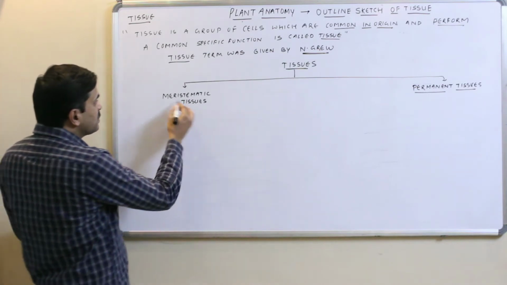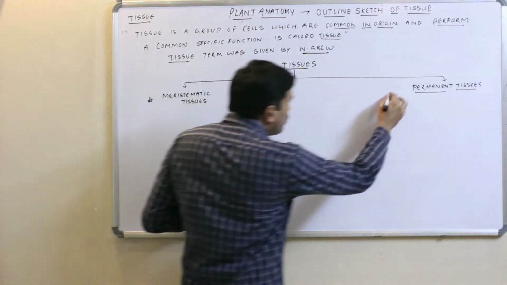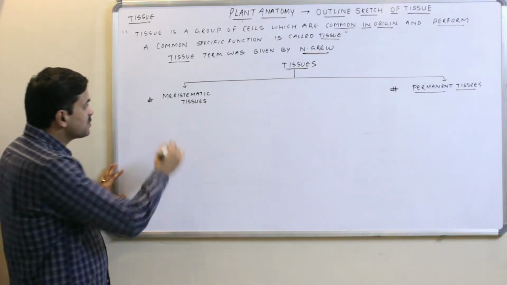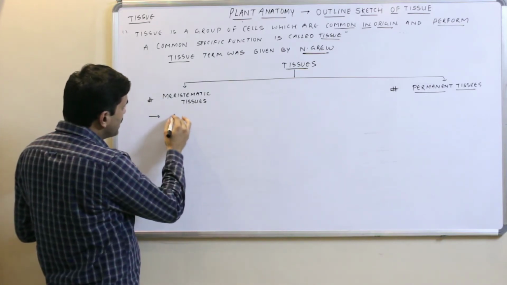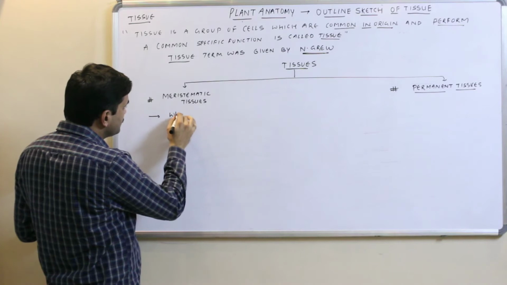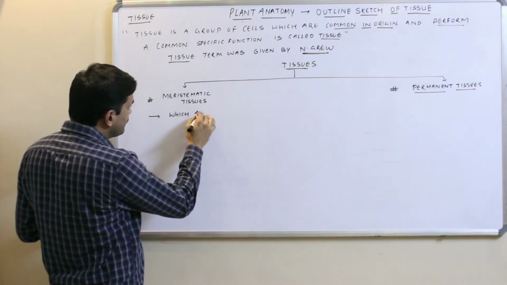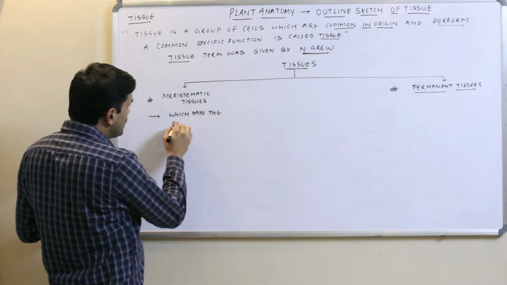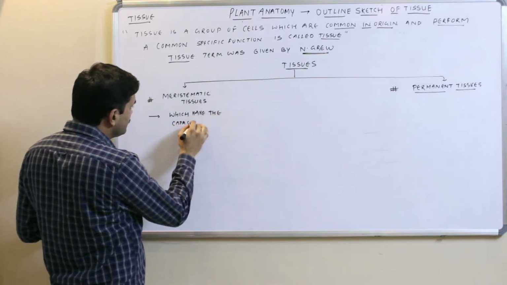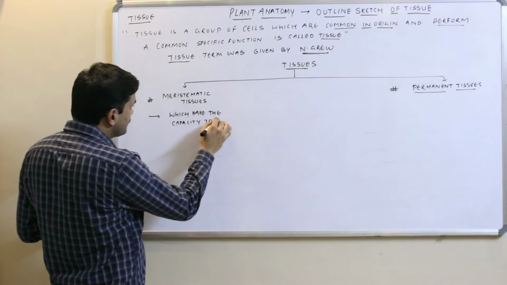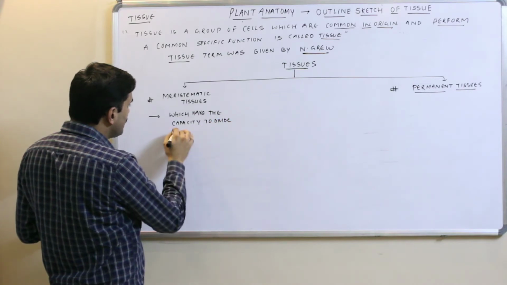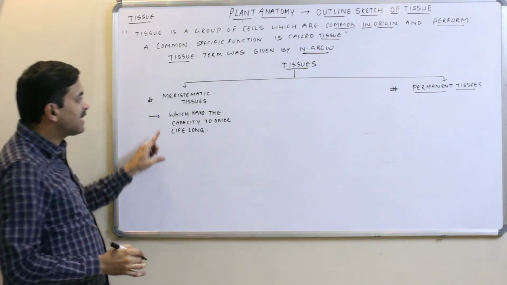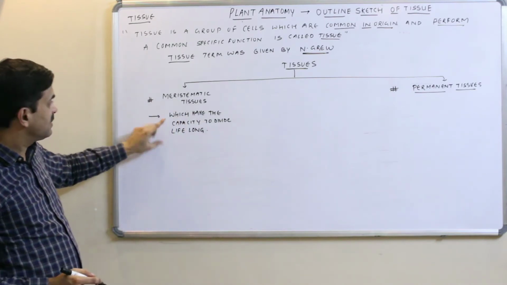Alright, so let's discuss what permanent tissues and meristematic tissues are. Meristematic tissues are the tissues which have the capacity to divide lifelong, means they have a continuous power of division.